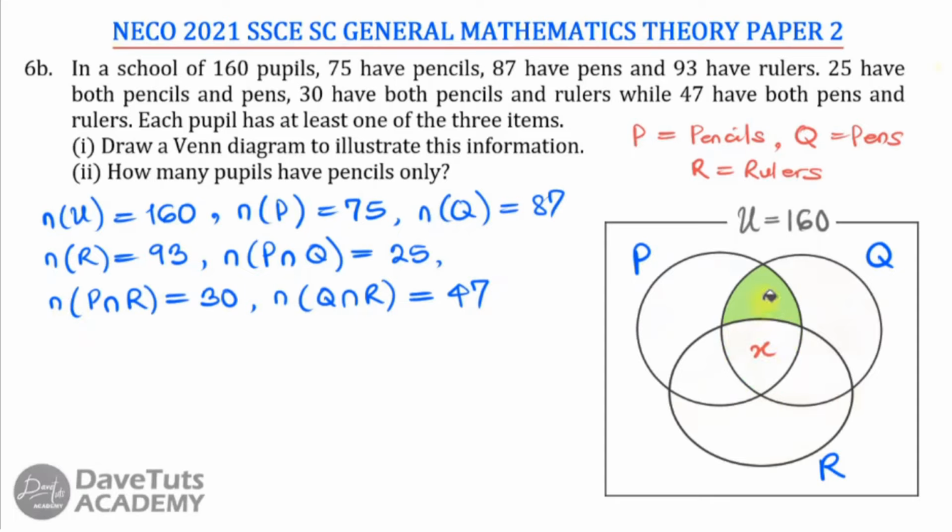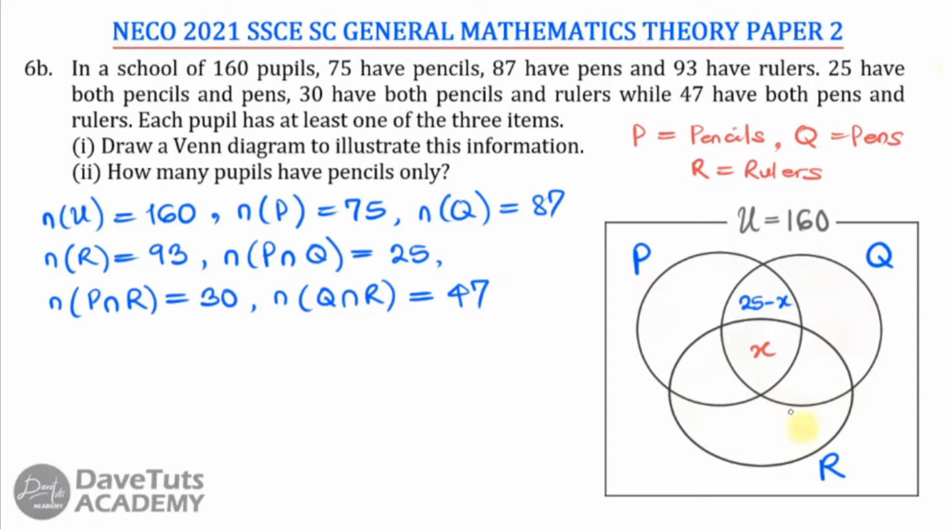The whole region here is the 25 that they denoted as P intersect Q. But if we take X out of it, the remaining part here, still in green, will have to be 25 minus X. And that same rule we can apply to the other intersection points, like for example, the number of P intersect R.